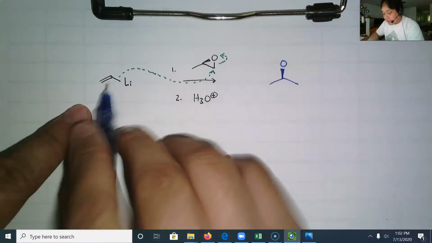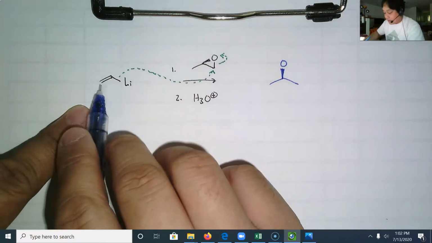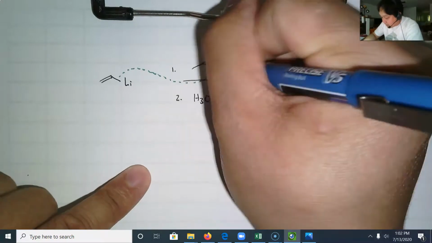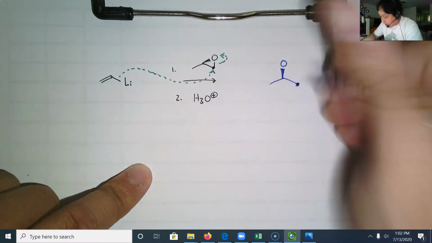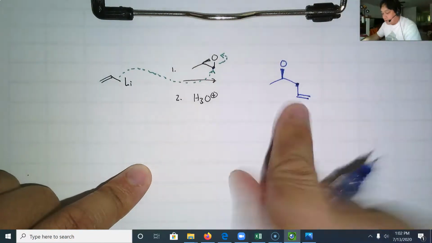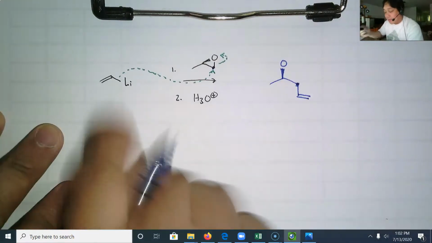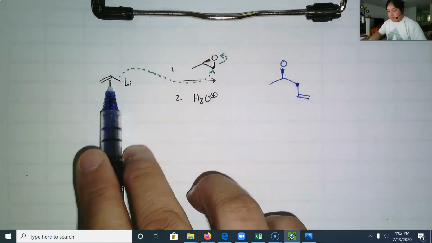We're adding 2 carbons, and they're connected to each other with a double bond. This bond existed, so I like to put a dot just to keep track of the carbon that I'm attacking. And I attack that dot with this alkene, right? Because you're making the attachment between the dot and the carbon right here.